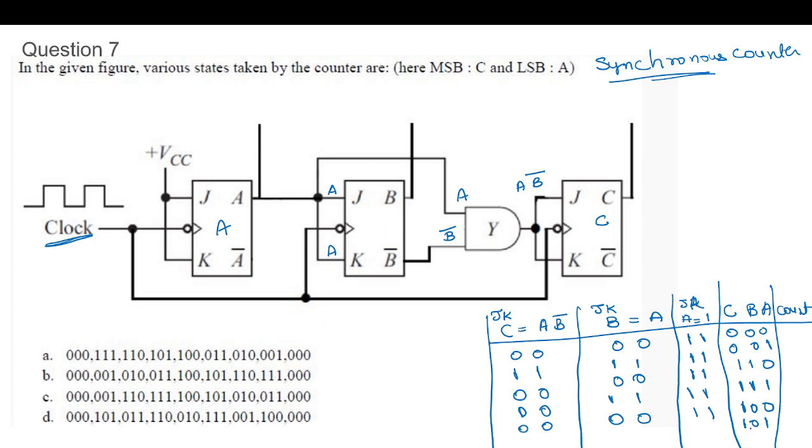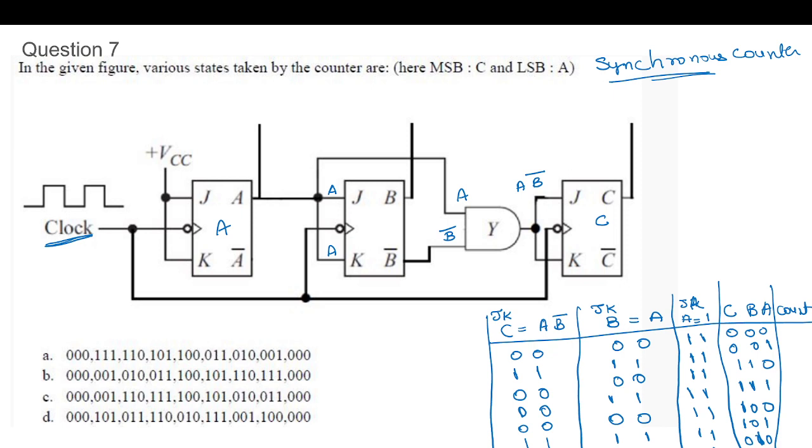Next 1, 1. A is 1. A, B bar is also 1. Again it will toggle all the flip-flops. The next A is 0, 0. And A, B bar again 0, 0. So retain the state and toggle.